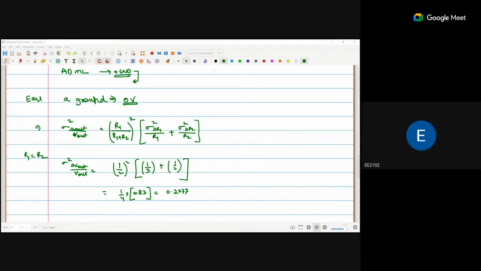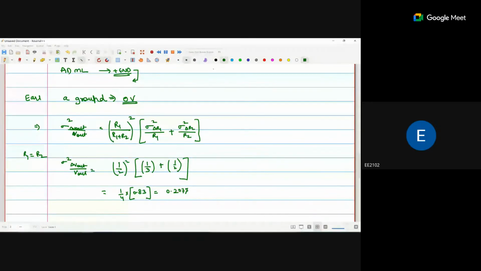No, it is saying the resistances are faulty. The variance is squared, so 1 by 3 square plus 1 by 2 square. The variance of the faulty resistance is not given; only the faulty resistance percentage is given.